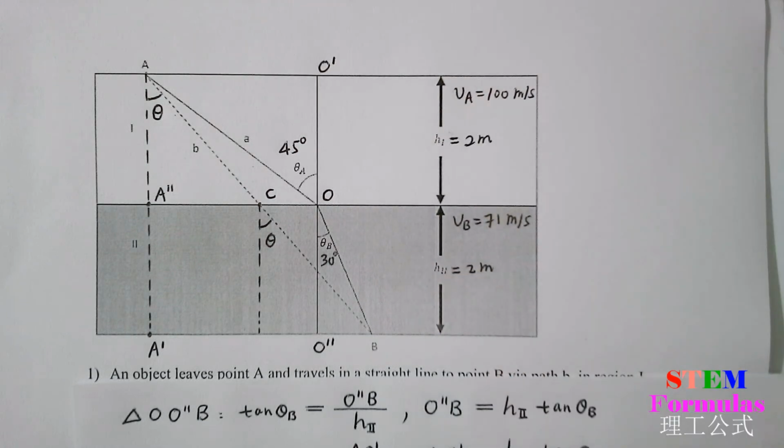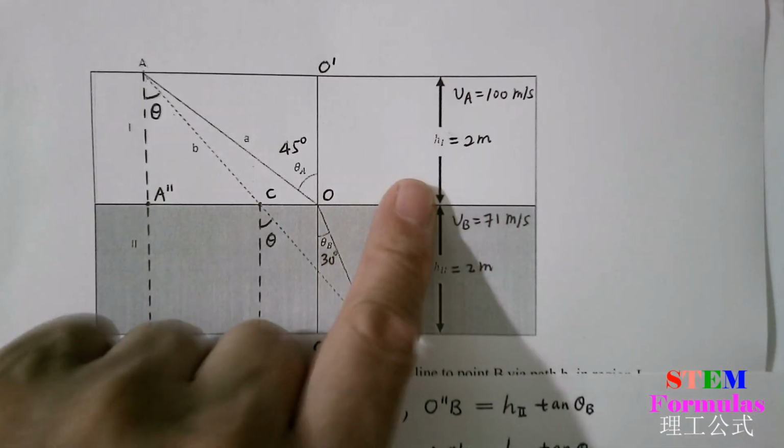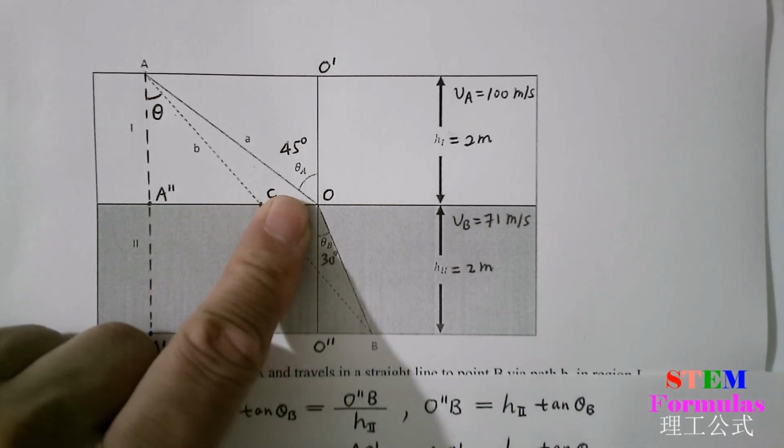So therefore, A O prime equal H1 times tangent theta A.